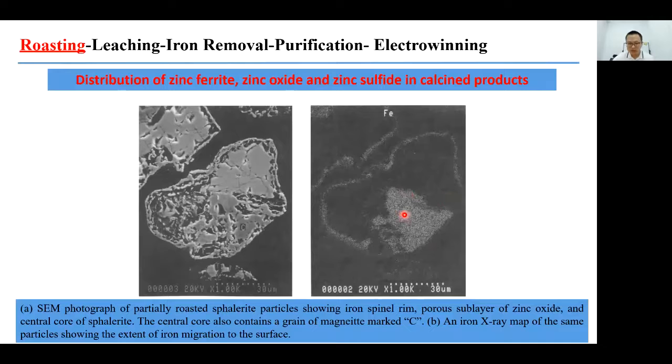This is also rich with zinc and iron. This is sulfide, and this is oxide. Once we convert the sulfide into oxide, they become porous, which is very beneficial in the following leaching part. Our sulfuric acid can react with our calcine very well with good connections.